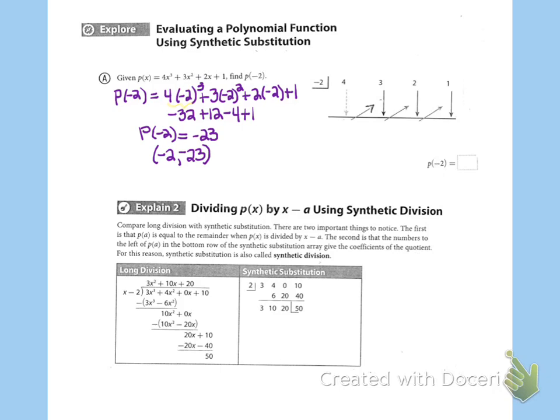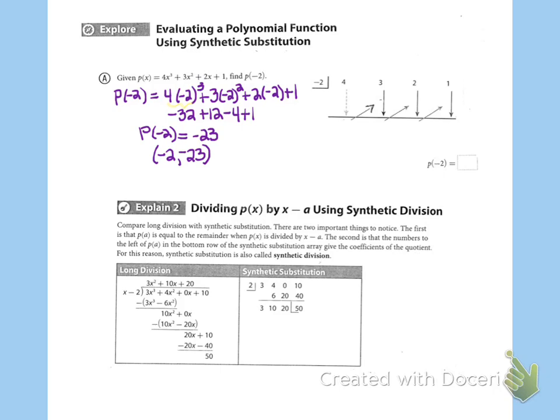It'll tell us what the value of the polynomial is when the input is negative 2, but by a different process that doesn't involve applying exponents to negative 2. Sometimes, if we forget to put the parentheses around and we're using a calculator, we can get tripped up and get the wrong answer. With synthetic division, we don't even use the exponent. So how do we do that and still get the same value?